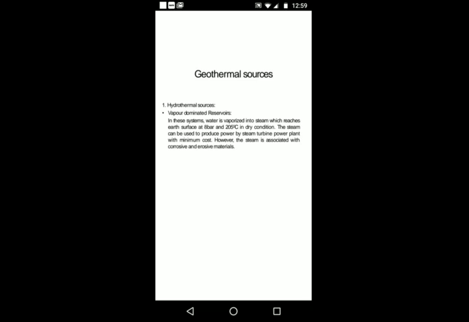The vapor dominated reservoir is also called a dry steam reservoir, and the liquid dominated reservoir is called wet steam. In the vapor dominated reservoir we obtain only steam, and in the liquid dominated reservoir we obtain hot water and steam. We will discuss the geothermal sources in the next class.